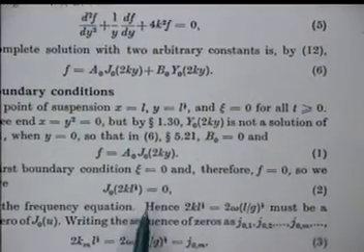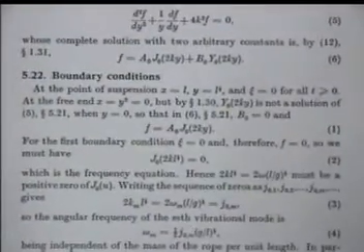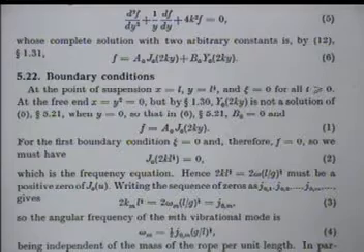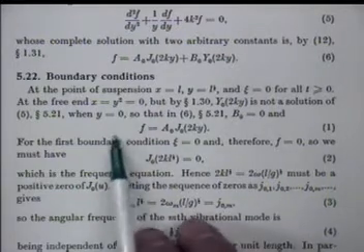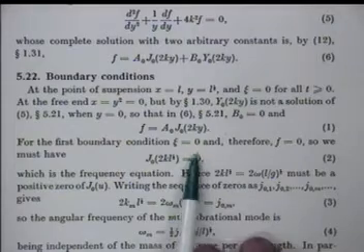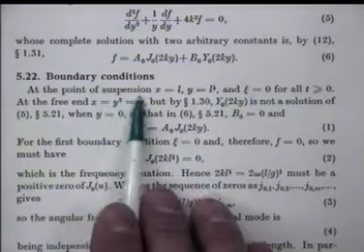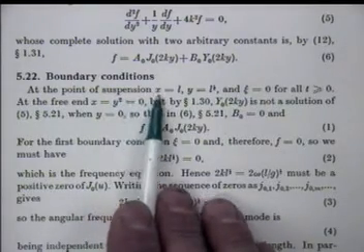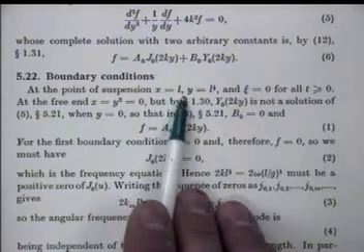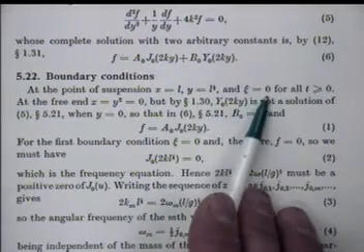All right. Boundary condition at psi equals 0, and this was at the top. Remember what we said at the point of suspension where it's fastened at the top: x equals L and y equals square root of L, psi is equal to 0.